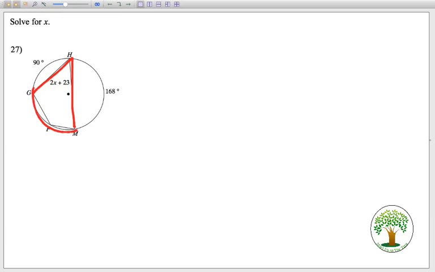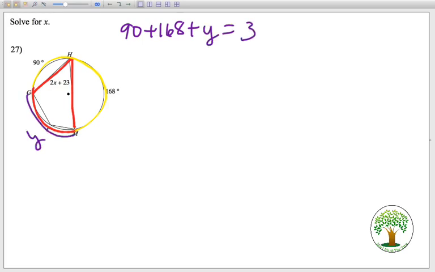We know this part is 168, and that's 90, and the rest of that subtracted from 360 is what we have left. So we're going to take 90 plus 168 plus, I'm going to call this piece out here y, and that will all equal 360.